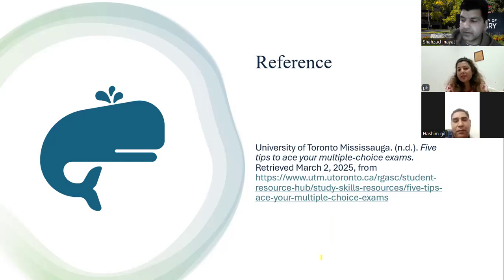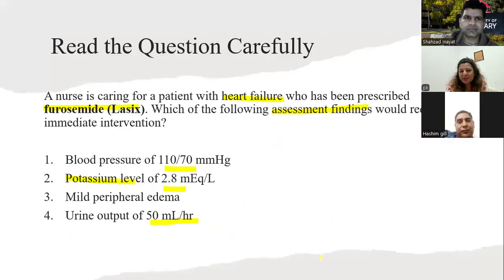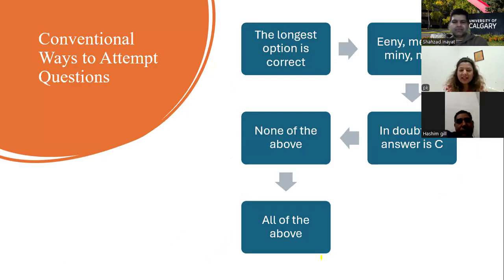Yes, brother. As in the first slide you showed us, the conventional ways to attempt the questions, I have some confusion. You told us that we should not follow these strategies, am I right?